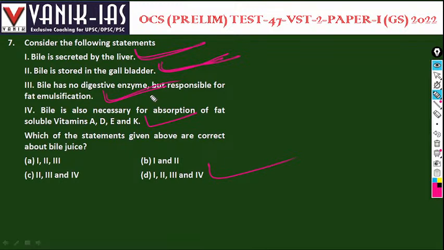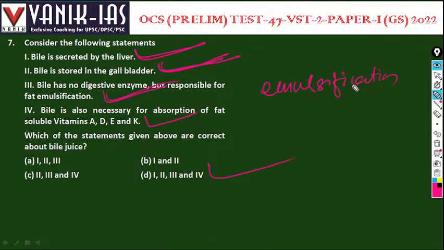And what is this emulsification? It's an important term. Emulsification means breakdown of fat.